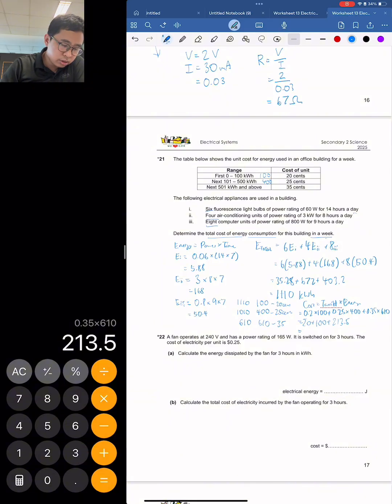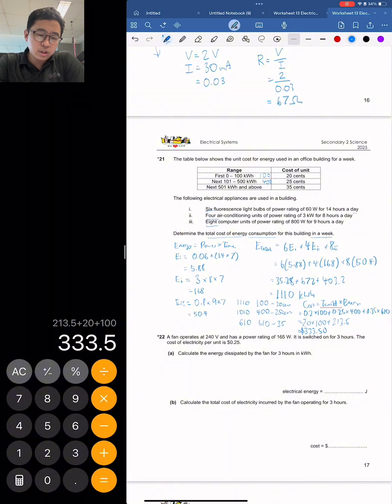The total cost is $333.50. In this case, you do not round it up or down because it is a dollar value, so you need to be fairly accurate with this value.